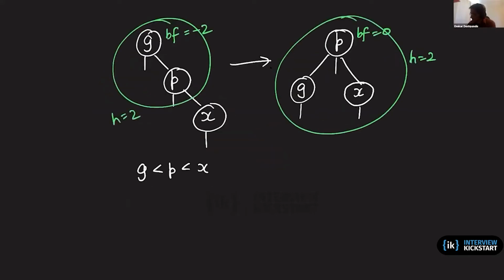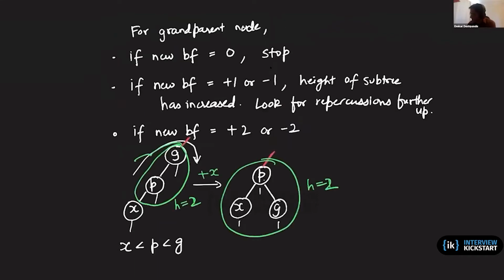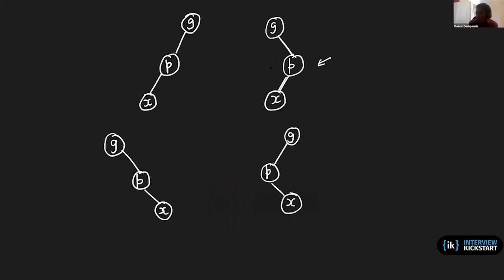So these are the 4 cases, and I'm just going to label them in the following way. Since X lies in the left subtree of the left subtree of the grandparent, we call this the LL case.